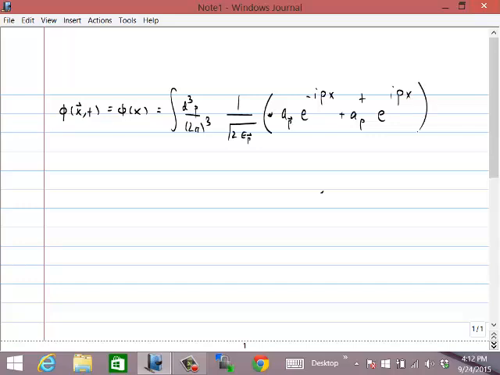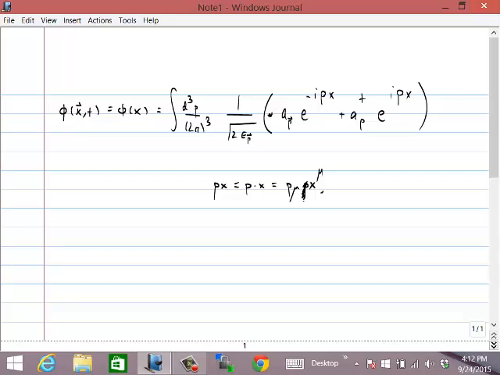So the a_p are the lowering operators that remove a particle with momentum p. a_p dagger is a raising operator that creates a particle with momentum p. And here, p dot x is a sort of compact four-vector notation.